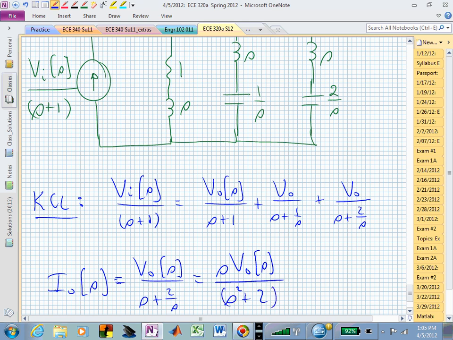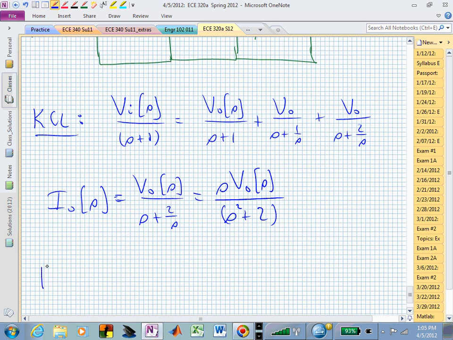So if we solve for V naught of s, we can now find the output current I naught, and H is simply I naught over V sub i.